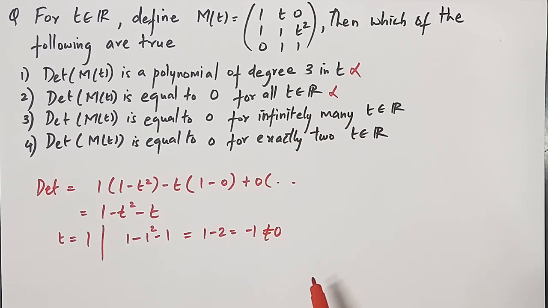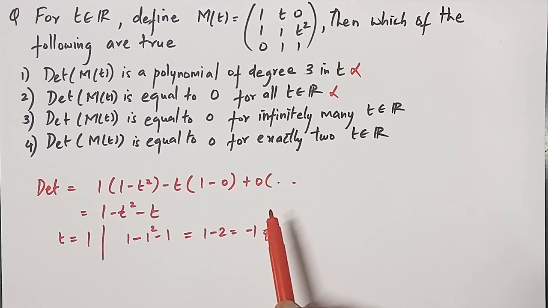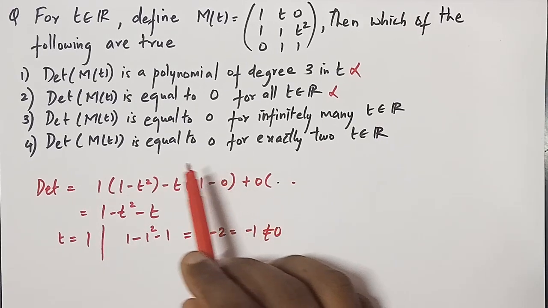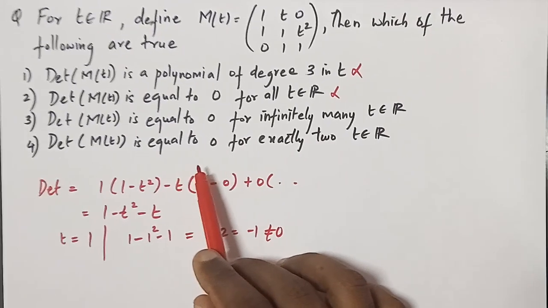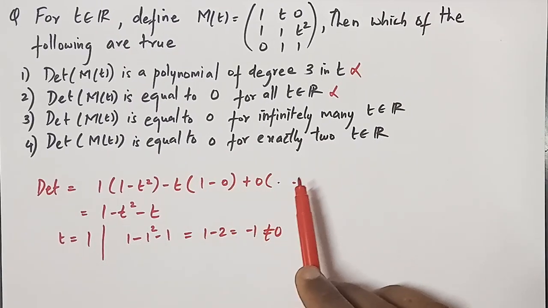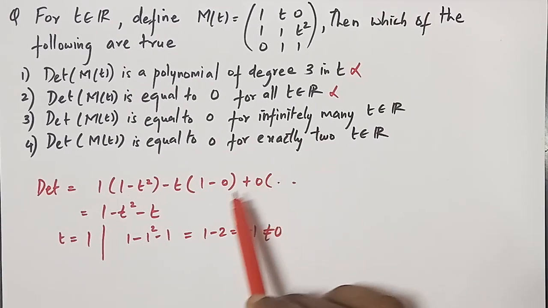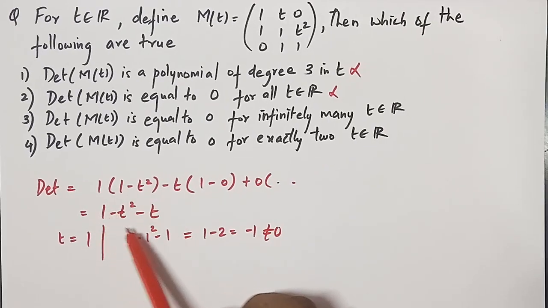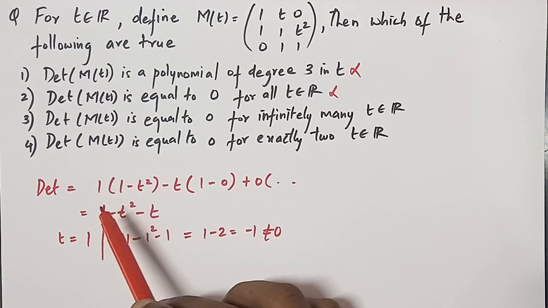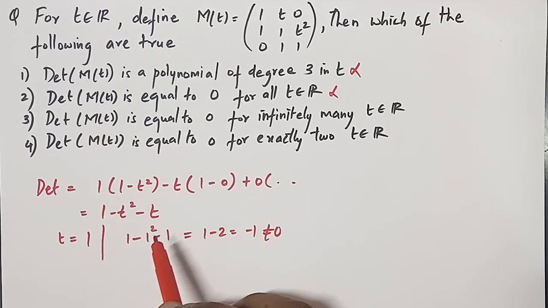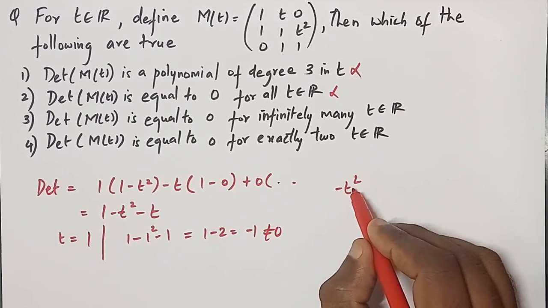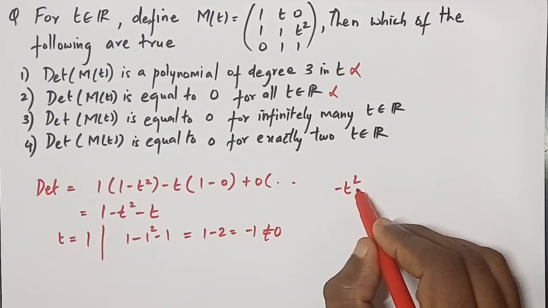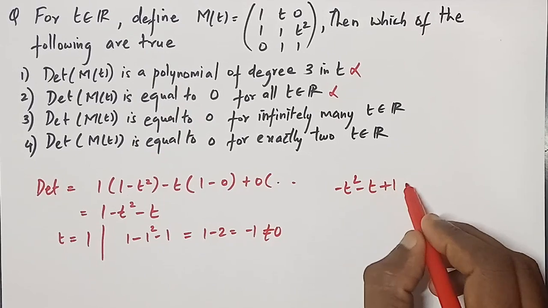Now if you go on to the third option and fourth option, they say that the determinant of M(t) is equal to 0 for infinitely many t, and the fourth says that the determinant of M(t) is equal to 0 for exactly 2 values. We have that the determinant of M(t) is basically this polynomial, and when we say the determinant of M(t) is equal to 0, we are in fact finding nothing but the roots of this polynomial. We are finding all t for which this is equal to 0.